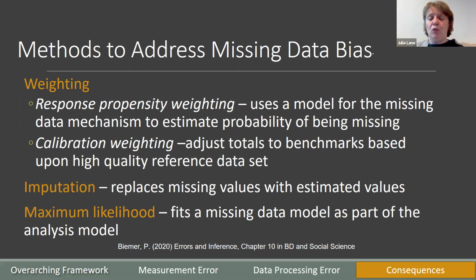The weighting mechanism tries to re-weight the importance of the data that you have and by controlling for the relative selection of people in a particular cohort. Imputation just takes the missing values and replaces them with a model-based estimate. And then maximum likelihood tries to model what is the reason for these rows to be missing, and then just fits it in as part of the analysis.